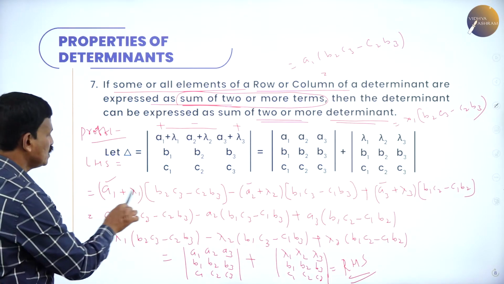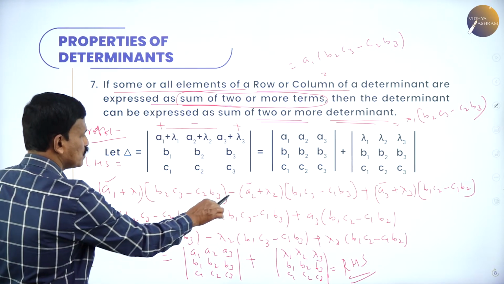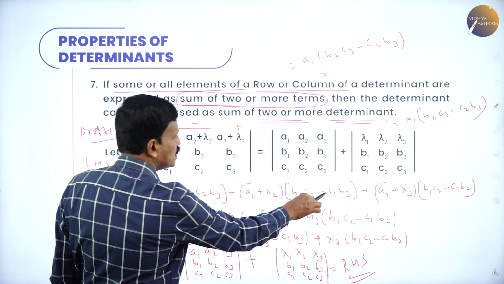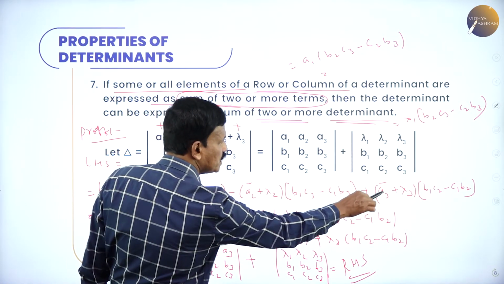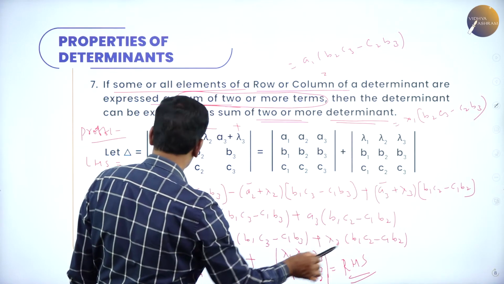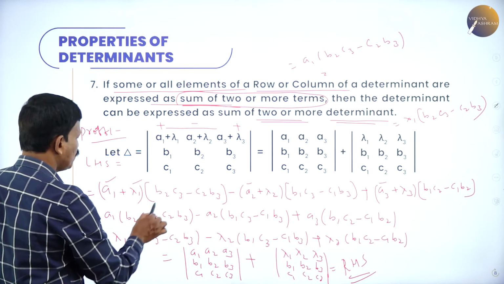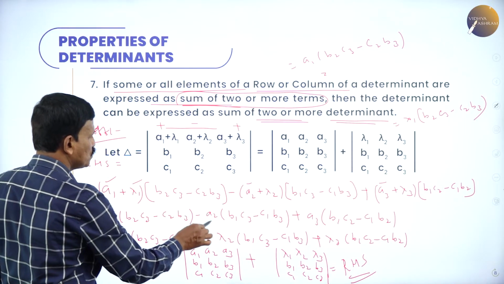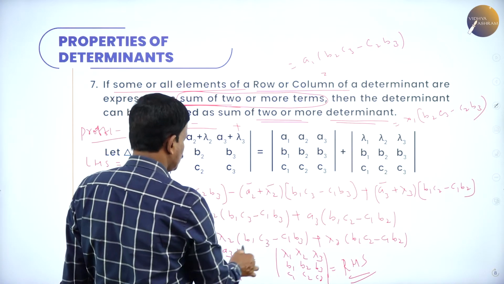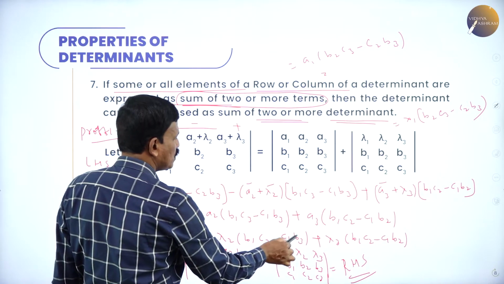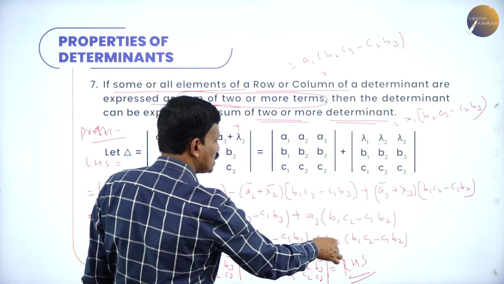First take A1, B2 C3 minus C2 B3, minus A2, B1 C3 minus C1 B3, plus A3 into B1 C2 minus C1 B2. Similarly, take lambda elements: lambda 1 into B2 C3 minus C2 B3, lambda 2 into B1 C3 minus C1 B3, and lambda 3.